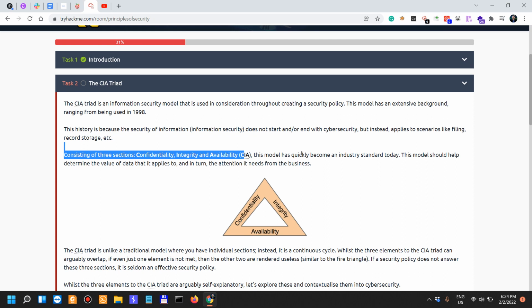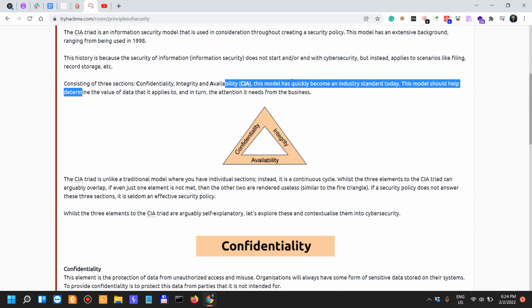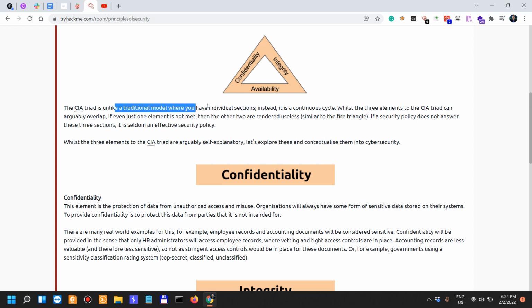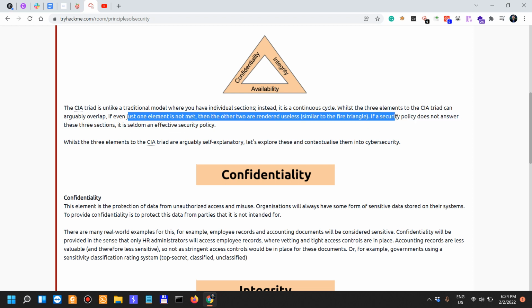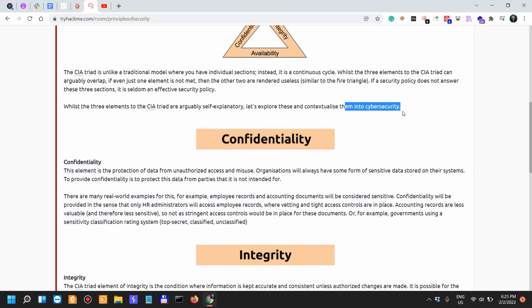So this is what it stands for, and it has become an industry standard, should determine the value of data that it applies to, and in turn the attention it needs from the business. This is a continuous cycle. Let's explore these and contextualize them into cybersecurity.